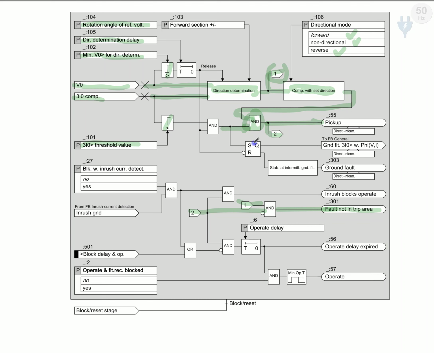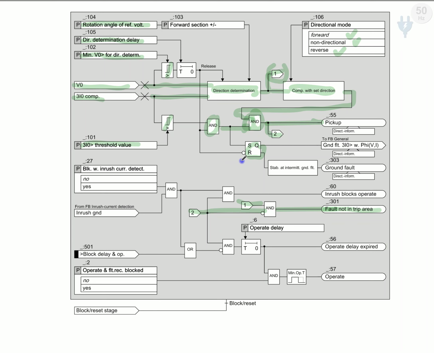And here we have two signals. One is inverted from the voltage, and another is from the output of the AND after the threshold passing. These are after passing of the thresholds and delay of the zero sequence current and zero sequence voltage.